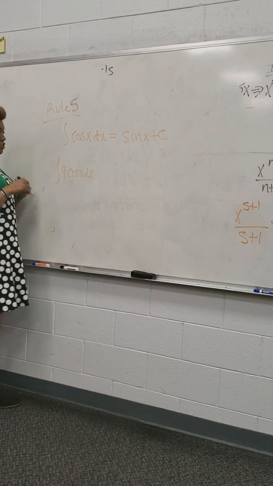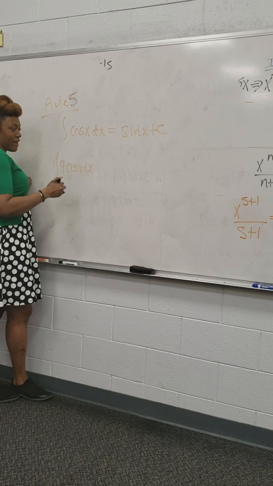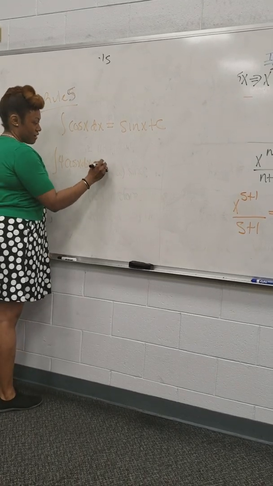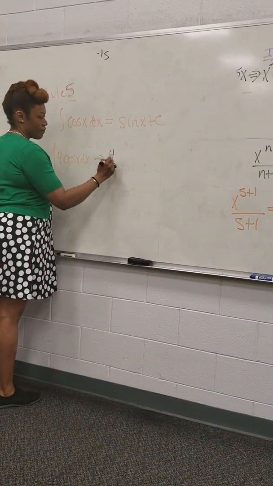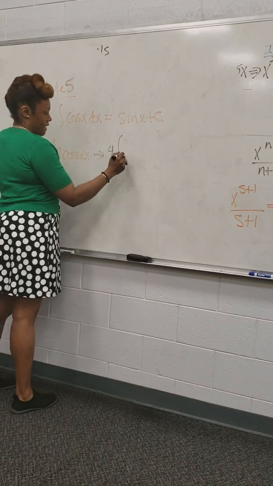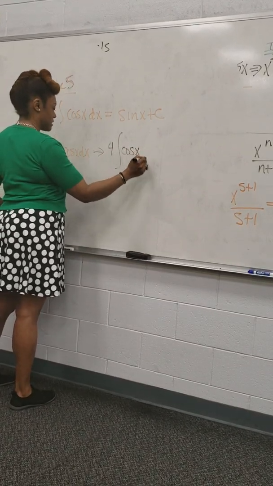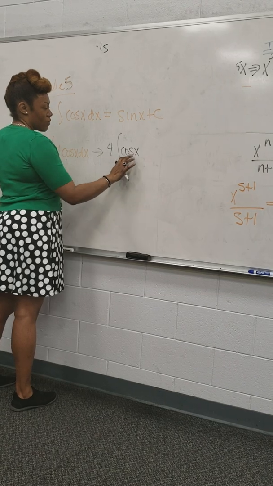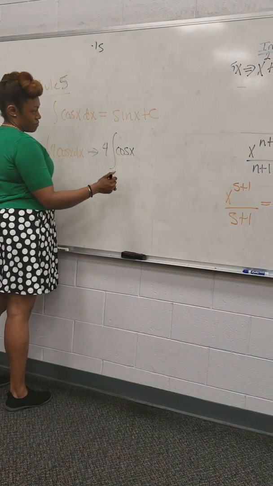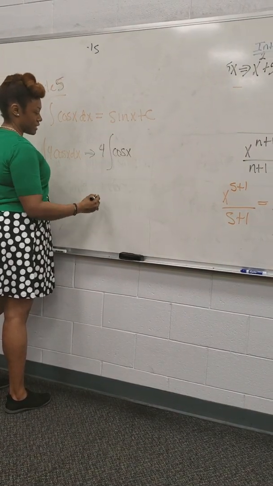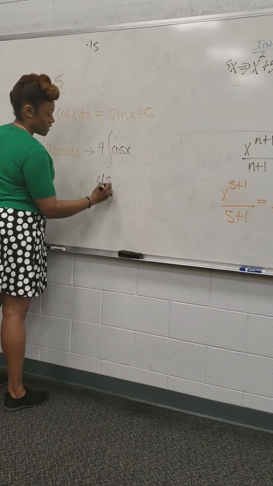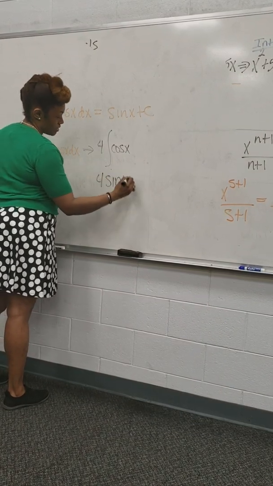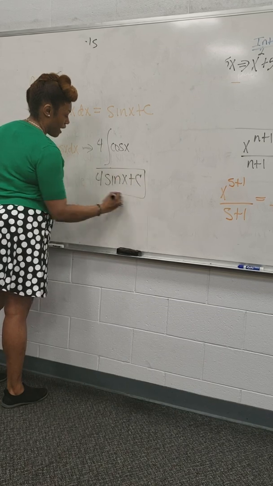So if we wanted to do 4 cosine x dx, the integration of that would be, we bring the 4 out to the front, and then you have cosine x, right? So what is the antiderivative of cosine x? It would be sine x plus c. So my answer would be 4 sine x plus c, okay?